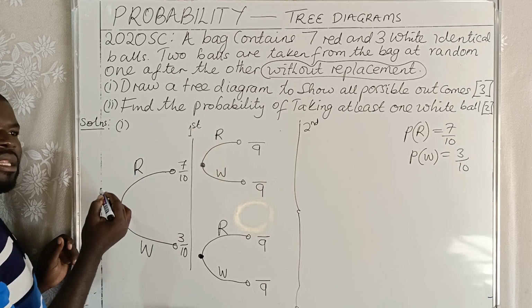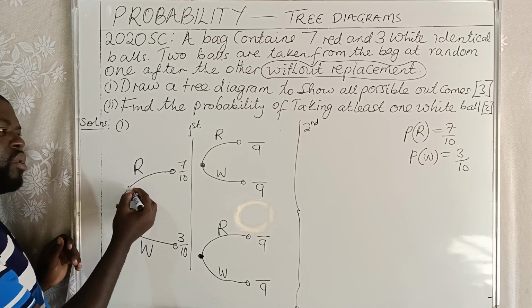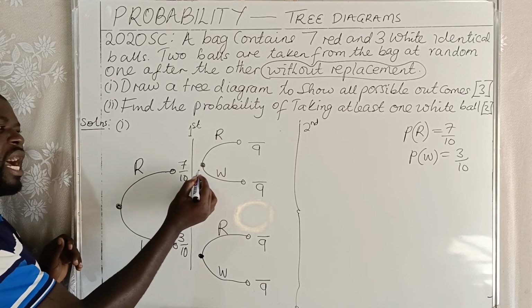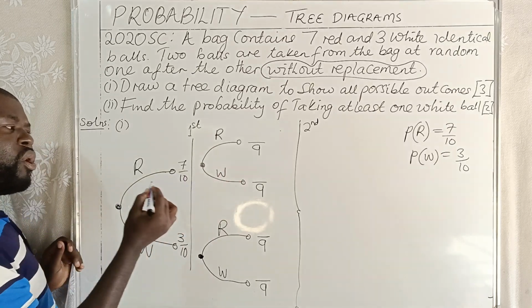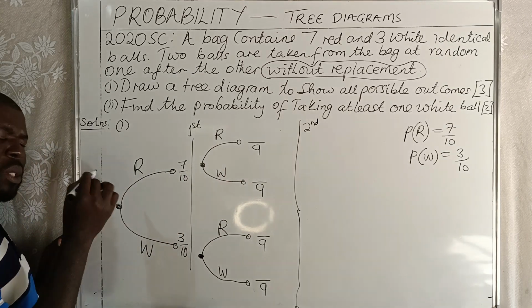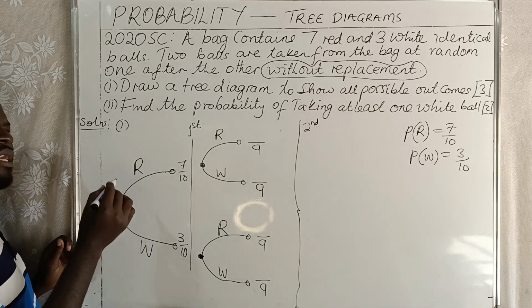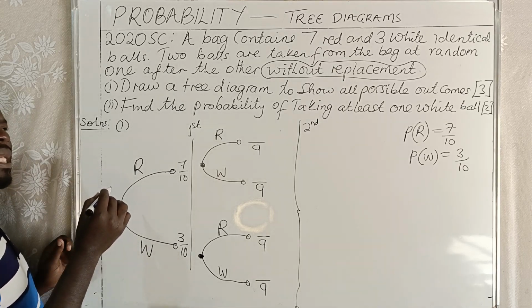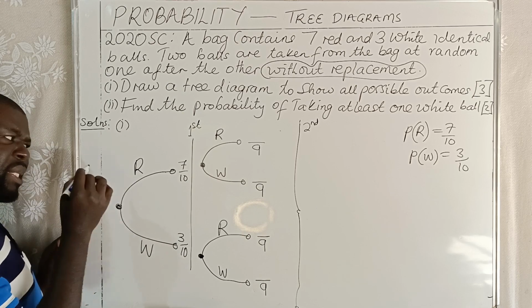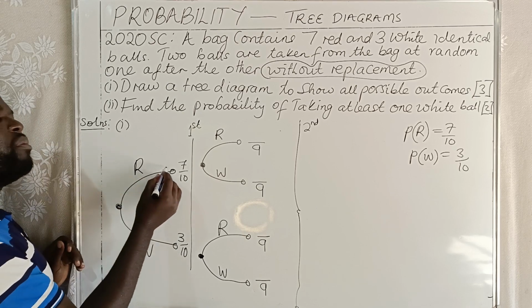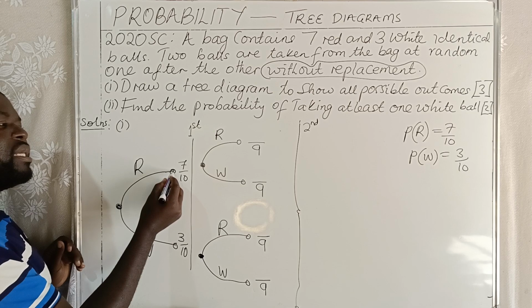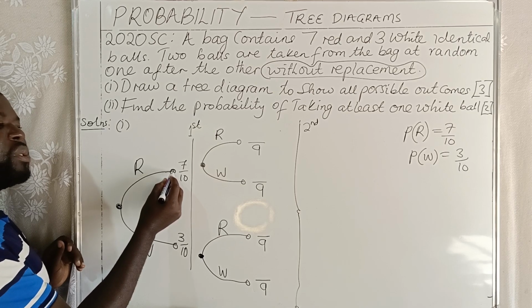That is the communication that is there. As soon as we go to the red branch and produce these two branches, what we mean is that the first ball that was picked in the first picking was actually a red ball. Since we are going to the red branch, it implies that what was picked was a red ball.